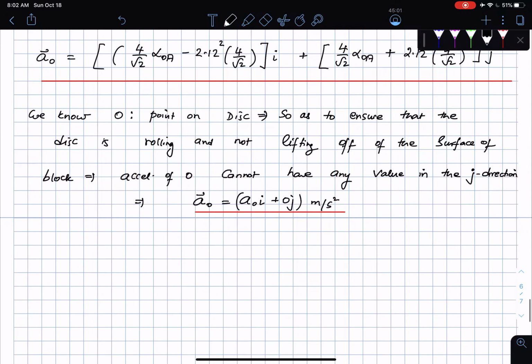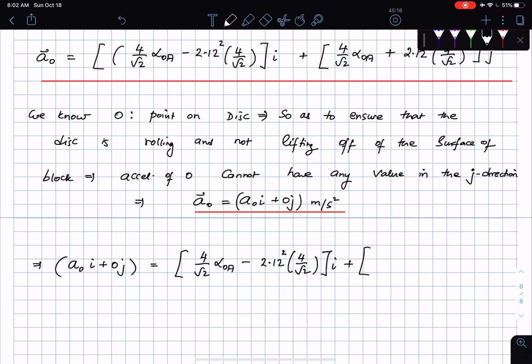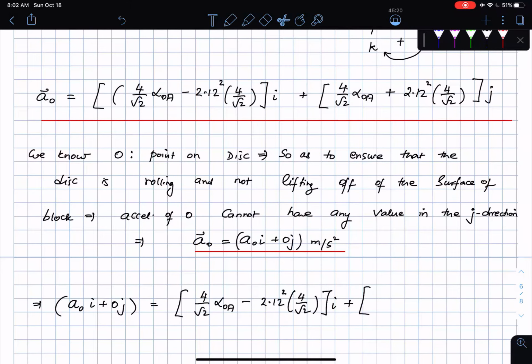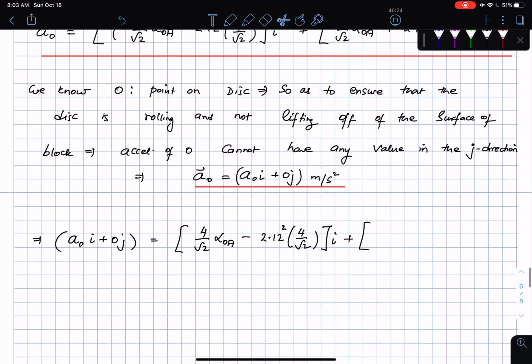Okay, so this tells me that a naught in the I direction plus 0 in the j direction is equal to 4 by root 2 alpha OA minus 2.12 square times 4 by root 2 I, and then I'm going to have the rest of it here. I'm just going to copy it, getting a little lazy here. Bring that down.